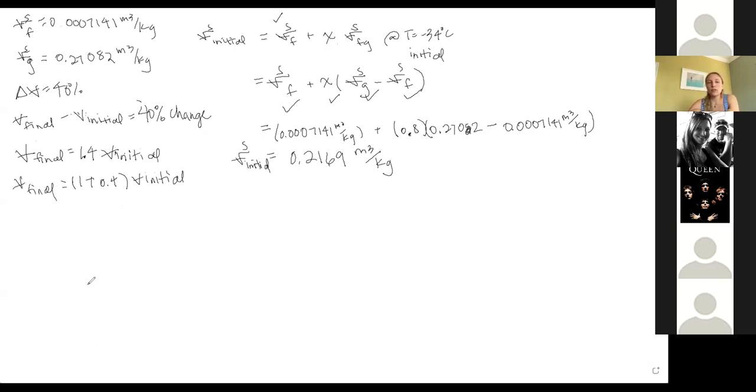All right, so now since we know that we want to figure out our volume final because we want to get our temperature final, our enthalpy final, we want to be able to look these up in a table. And because we also want to know the amount that the piston cylinder moved for solving our pressure equation, we are going to want to figure out our volume initial, which is going to be equal to our mass initial times our specific volume initial.